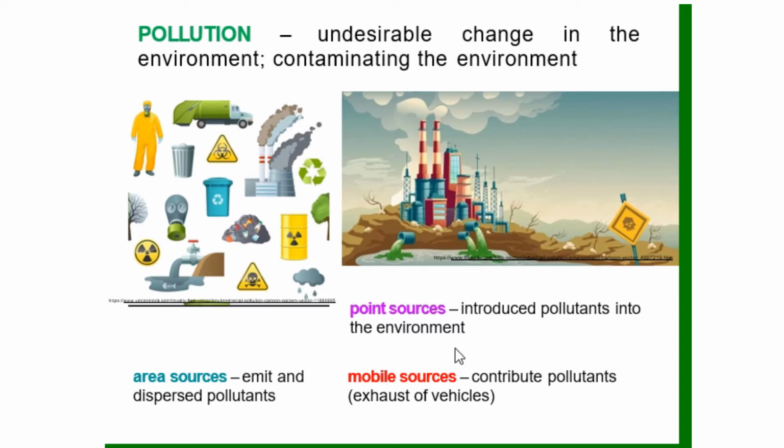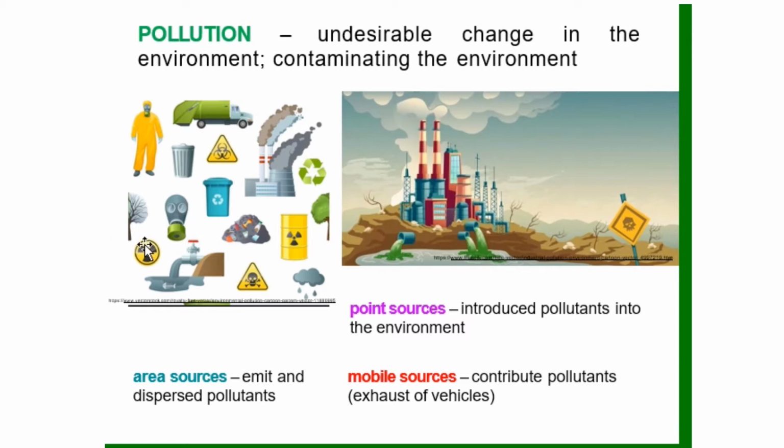So what's the difference between the three? Area sources or non-point sources, what are these? These are the pollutants which are widespread in our environment. They are emitted, and they are dispersed pollutants, widely distributed in our environment. What are the examples?